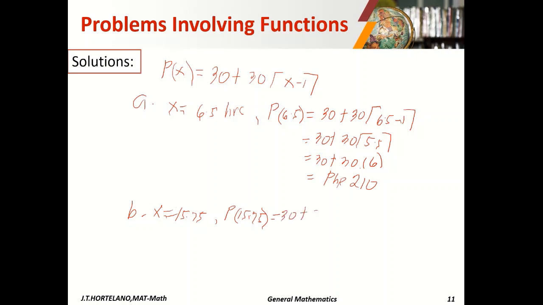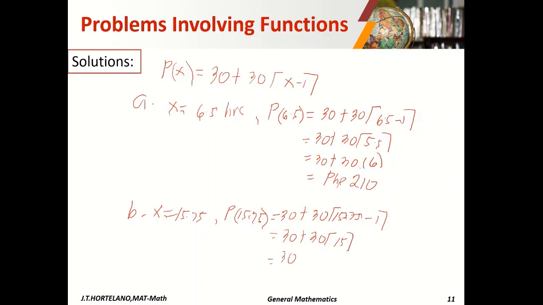30 plus 30 times 15.75 minus 1. So this is 30 plus 30 times 15.75 minus 1 is 14.75, and the ceiling for that is 15. Okay?